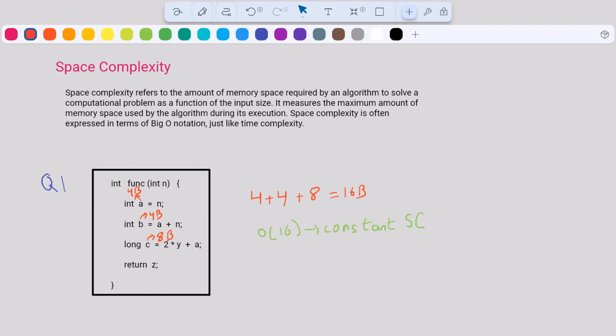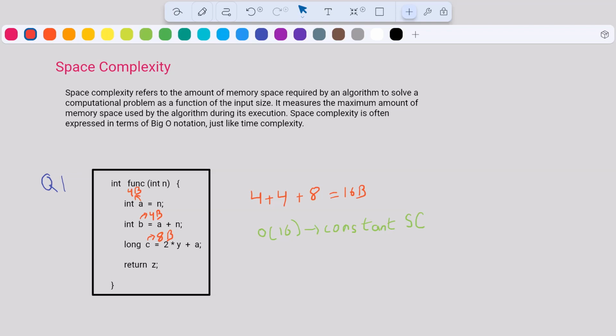Yes. So now let's see what is space complexity. Space complexity just refers to the amount of memory required by an algorithm to solve a computational problem, as a function of the input size. It measures the maximum amount of memory space used by any algorithm during its execution.